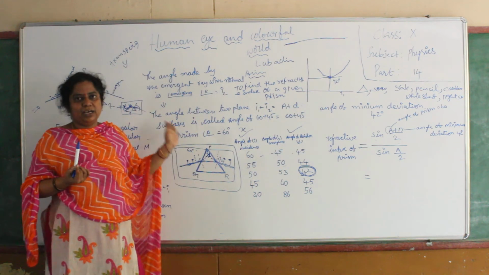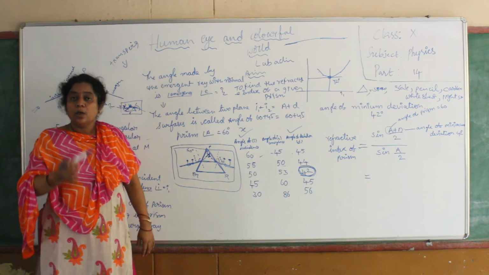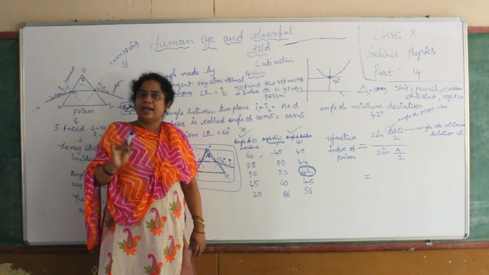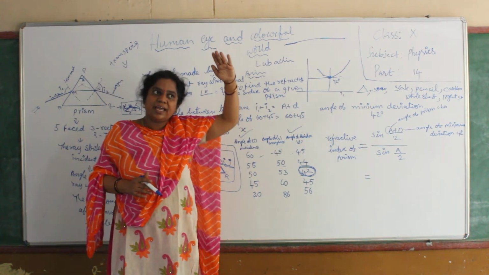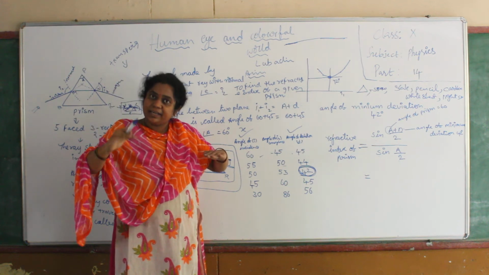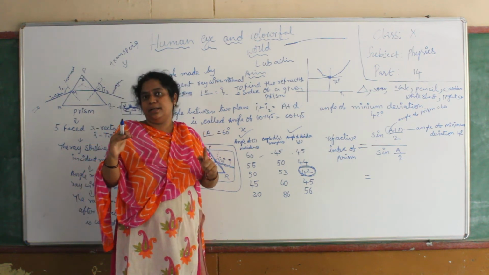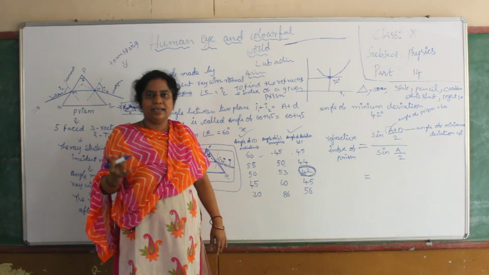With that, we can calculate the refractive index of the prism. Keep in mind that as the angle of incidence decreases, the angle of deviation also decreases till a certain limit. After that, the angle of deviation increases.